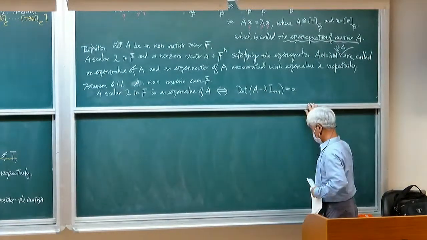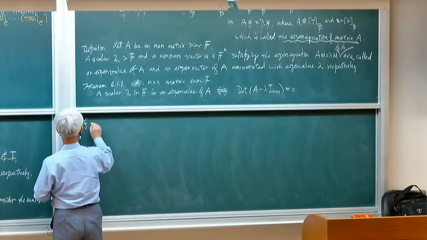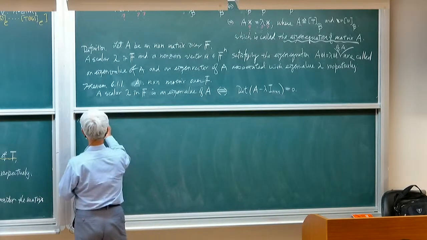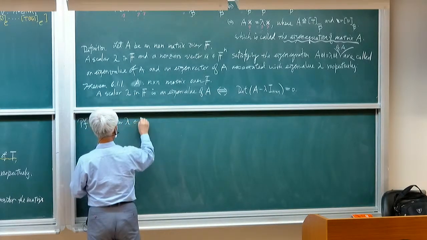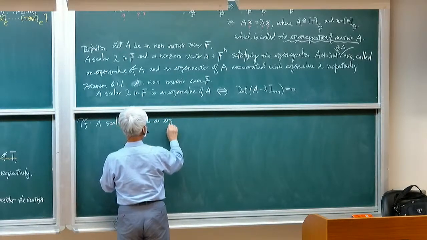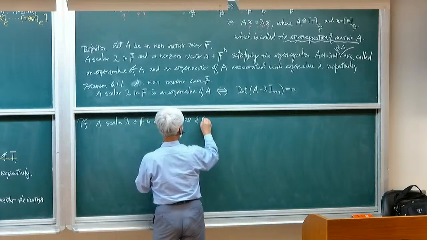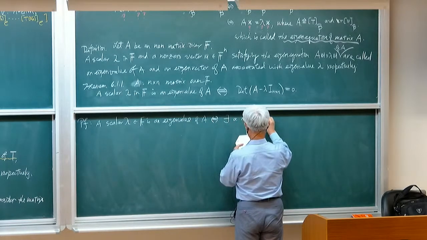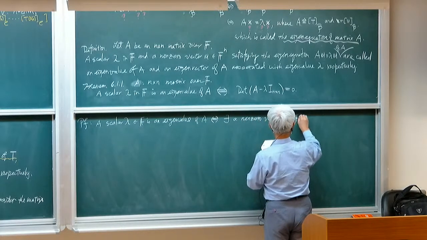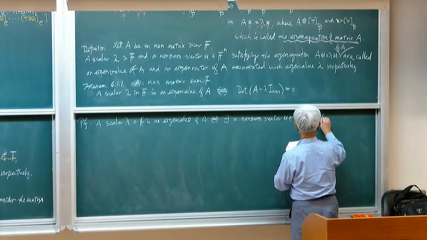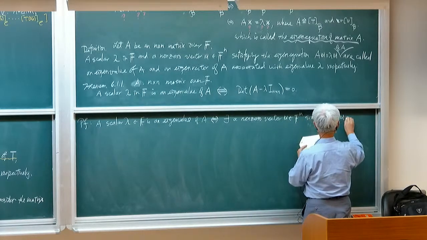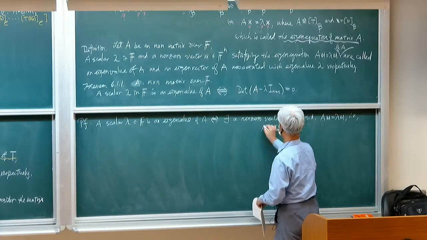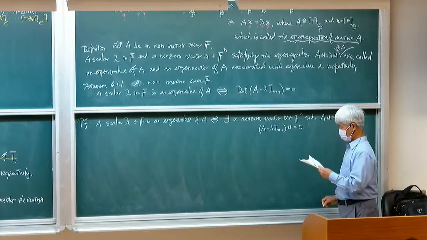So we have to show the theorem here. A scalar lambda in F is an eigenvalue of A if and only if there exists a non-zero vector U in the Euclidean space such that AU equal to lambda U. That means (A minus lambda I_n) U equal to the zero vector.